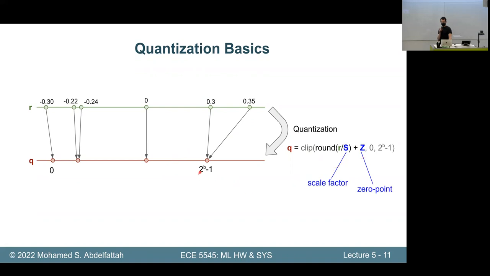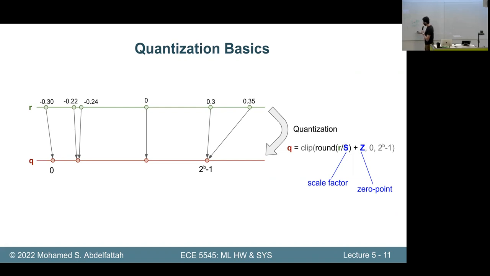I don't think I've mentioned it, but b here is the number of bits that I am using in my quantized number. And so if you have b bits, then you can represent numbers from 0 to 2 to the power of b minus 1. So if I have 4 bits, I can represent numbers from 0 to 2 to the power of 4 minus 1, so 0 to 15.